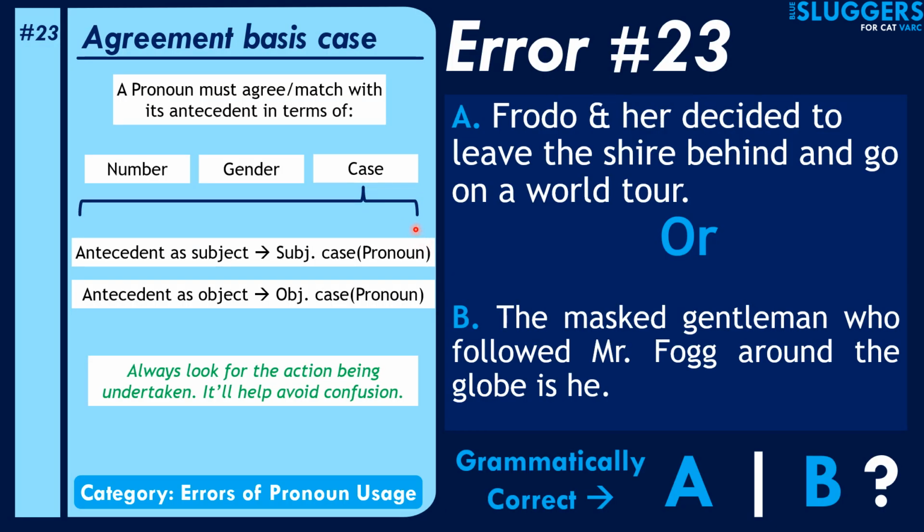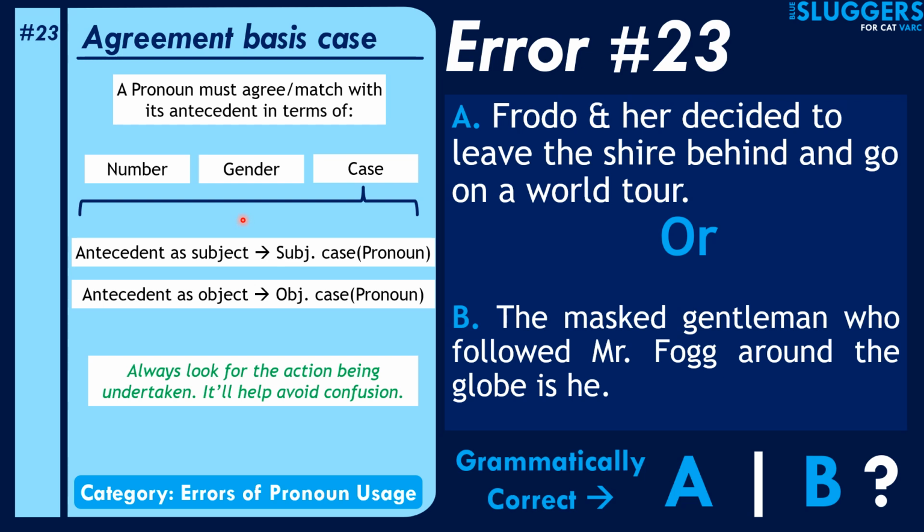Now, finally, we shall take up the third parameter of agreement between a pronoun and its antecedent. Last time, the last two sessions, we discussed number and gender. Finally, it has to be the case. Now, the rule is very simple. Case basically refers to the subject or object case of the antecedent of the pronoun. So if you say, for example, Rahul is driving the car, the subject is Rahul, and car is object.